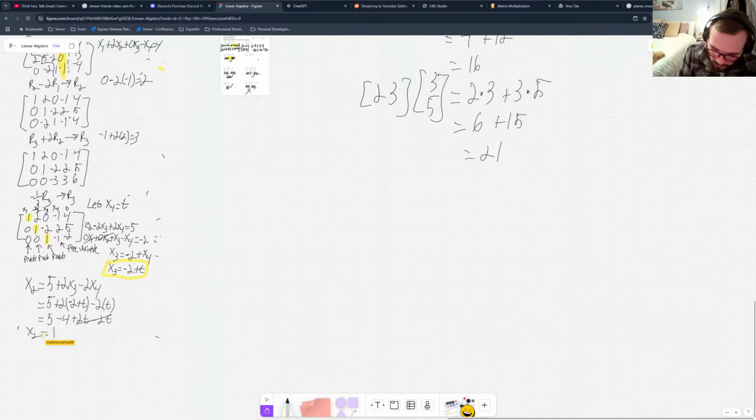And then finally, we're going to do it for x1. And then we're going to get a solution. Okay? Almost done. x1 here plus 2x2 from here plus there's no x3 component, 0, minus x4 equals 4.